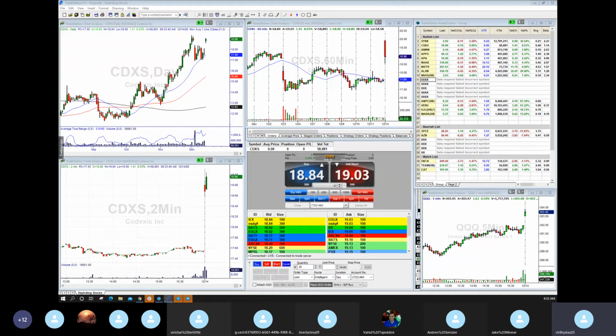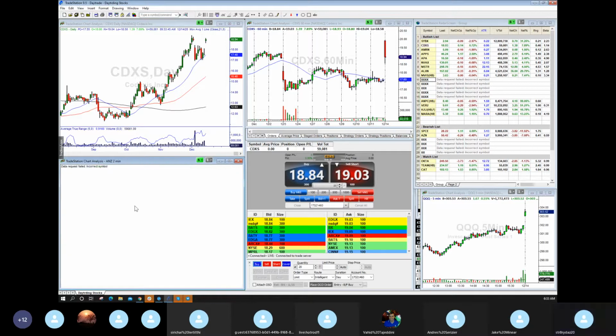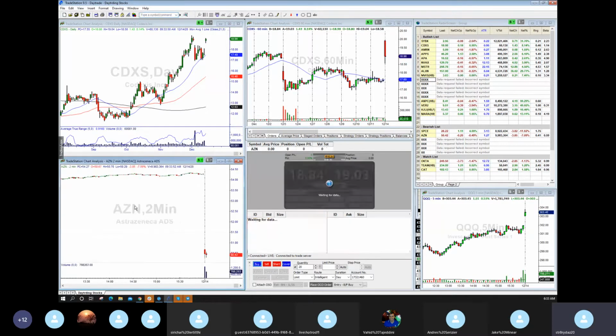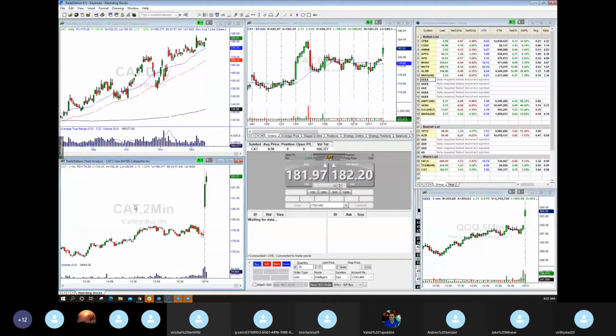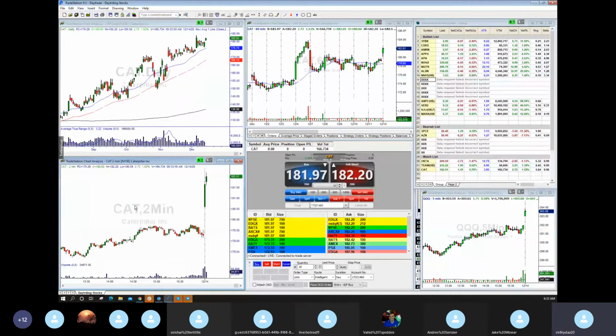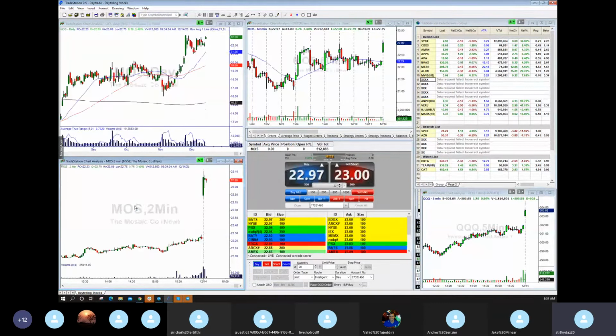AZN, we are going to miss out on AZN. AZN is good. Cat is triggering a swing play here, so that looks very good. I am in that play.